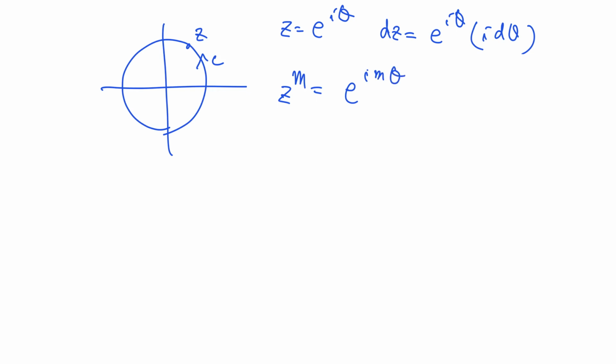So z to the m dz is exponential i (m plus 1) theta d theta i.